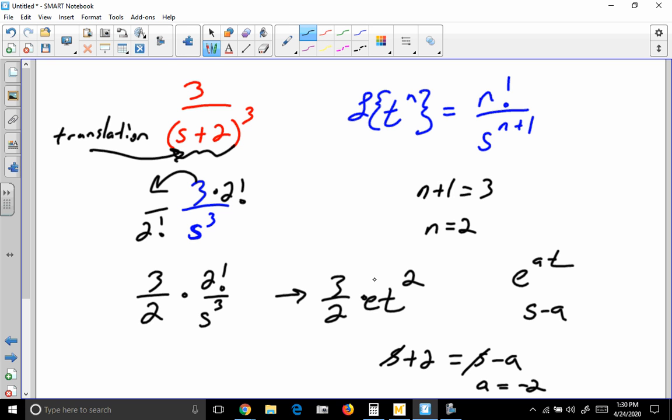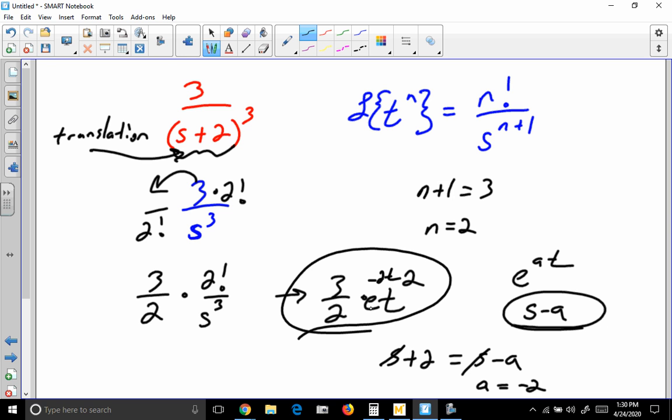So we need an e to the negative 2t. If there was no translation here, we would have no e. But since there is translation, since we have a number added or subtracted from s, we have to figure out what a is in s minus a, and we do e to the at.